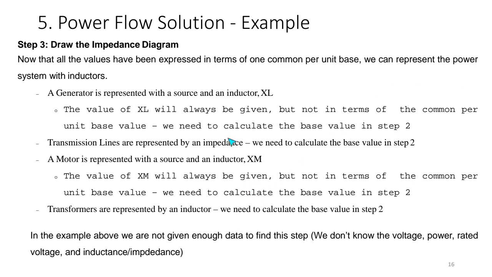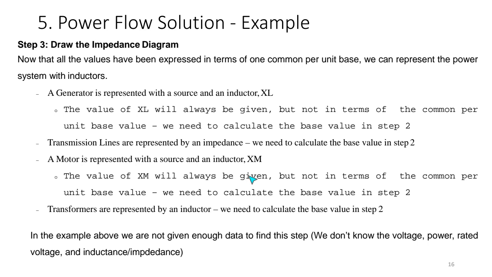This is the procedure to draw the impedance diagram. In the impedance diagram we have to represent the source impedance by XL, then the transmission line impedances, and if you have any loads connected, motors, etc., we have to represent that impedance as well. But as I mentioned on a few occasions, you haven't learned the per unit system and the impedance diagram as part of it. So I have a separate section to teach you the per unit system and the impedance diagram.